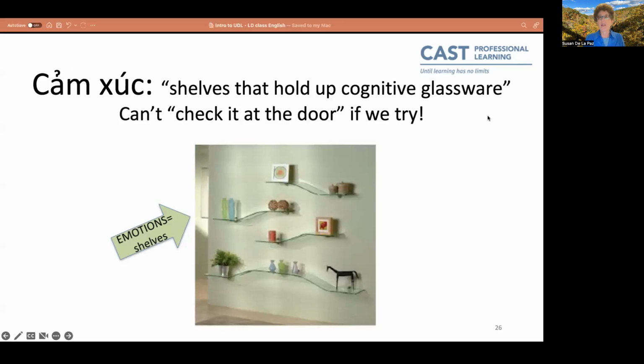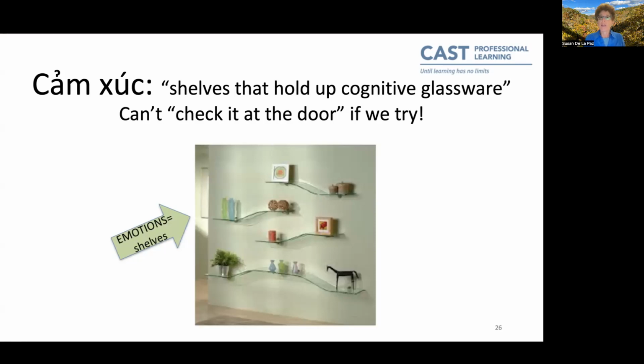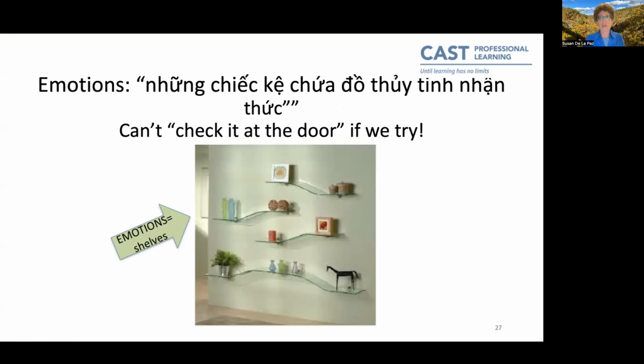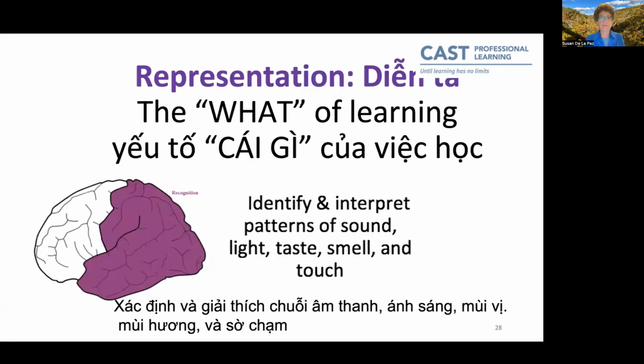And the point here is that you can't just leave your emotions when you come to school. They're always going to be there. Kids walk into the classroom and they might be feeling good or not so good, and that's going to affect their learning. So the emotions are kind of like the shelves. They're there. So that's going to be the first principle, engagement.